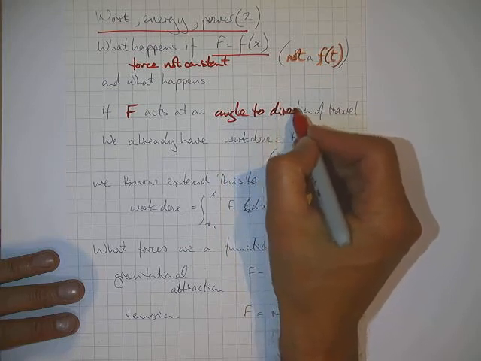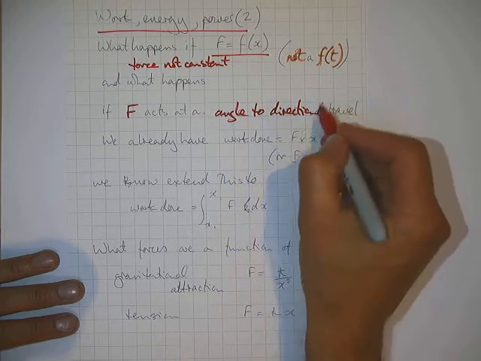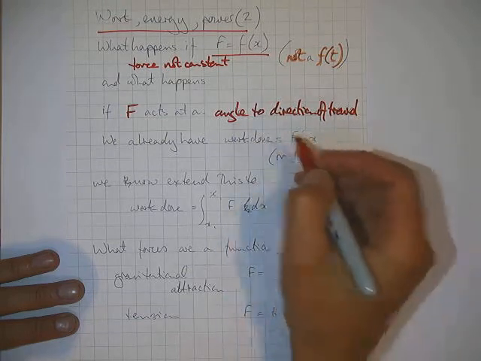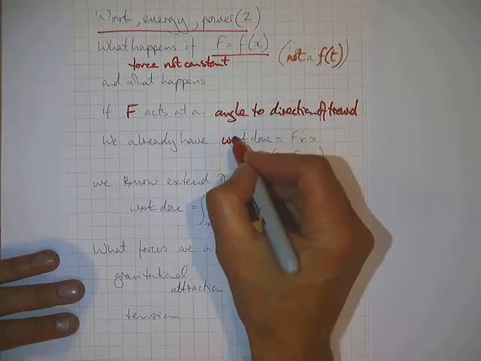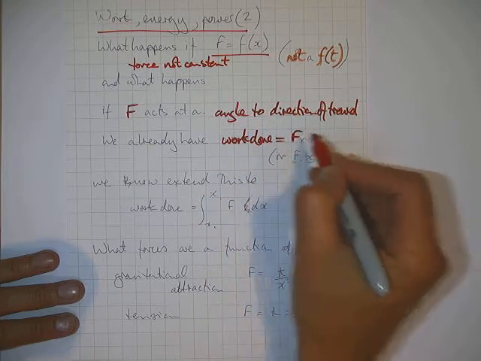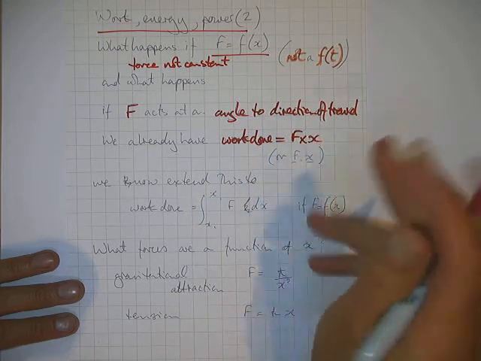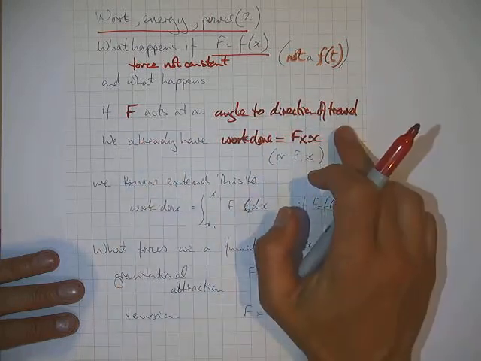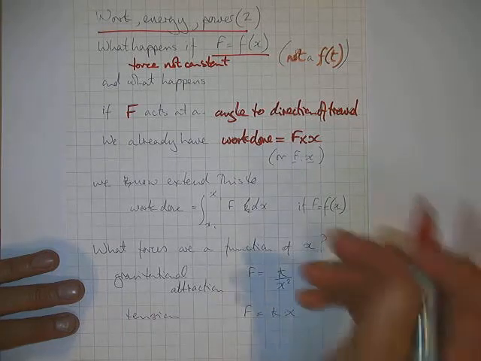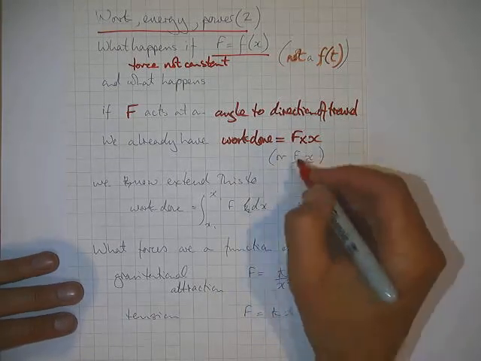Okay, so we have talked about the work done being force times distance, but what happens if the force is at an angle to the direction of travel? That will be part of this work. That's what they're going to call the force being oblique.